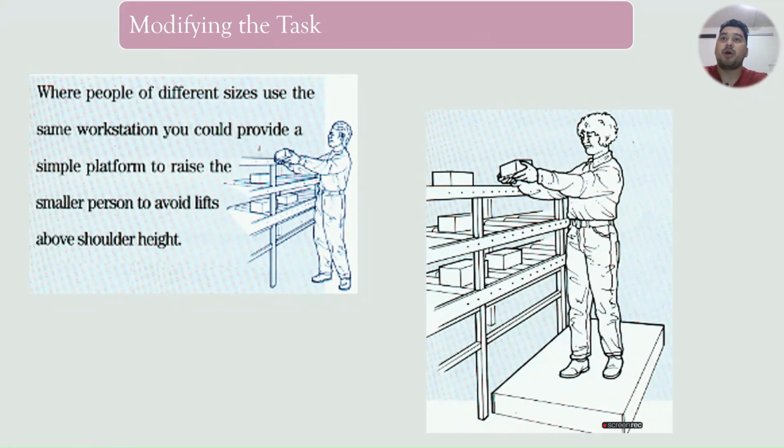Modifying the task, where people of different sizes use the same workstation, you could provide a simple platform to raise the smaller person to avoid lifts above shoulder height.